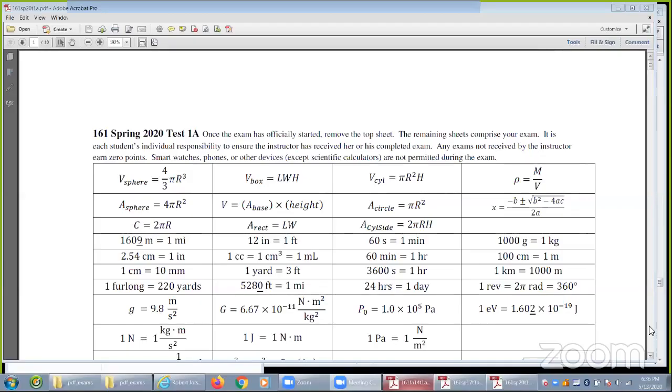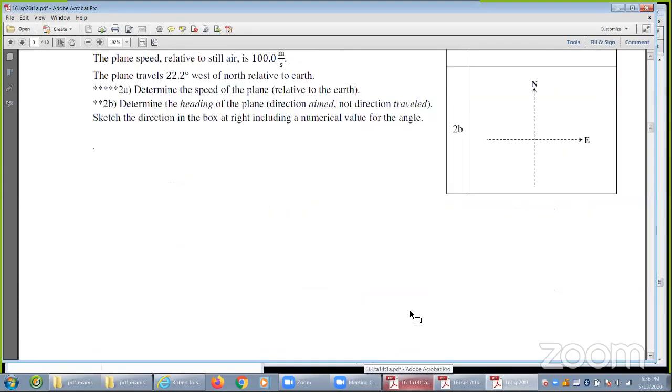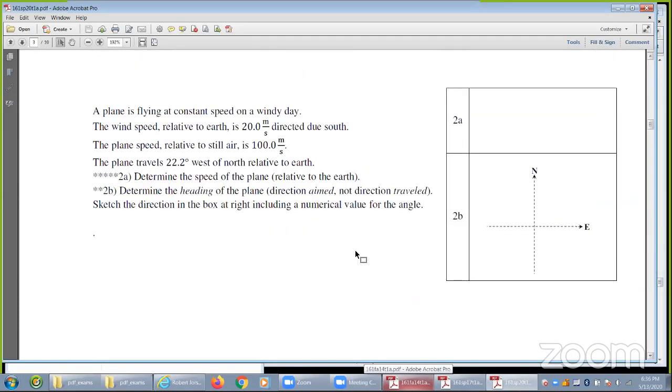So old tests, 161, PDF exams. So 21A probably. Oh, this one. Yeah, I guess.